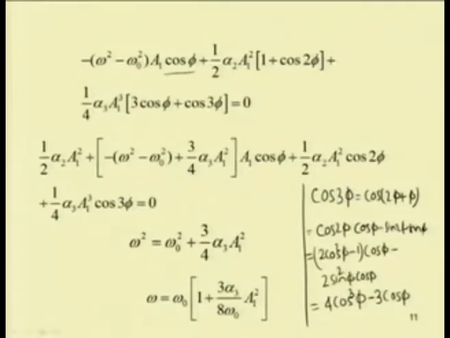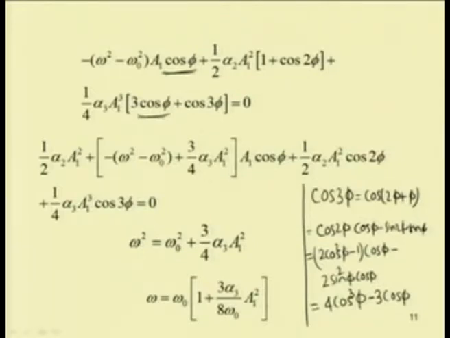Now, equating the coefficient of cos phi to be 0. Here we have a cos phi term and here also we have one cos phi term, so first let us arrange it.